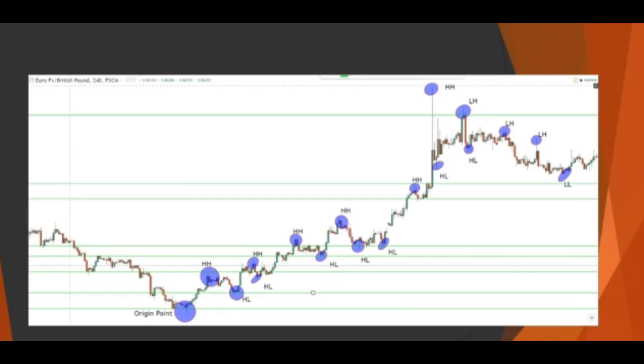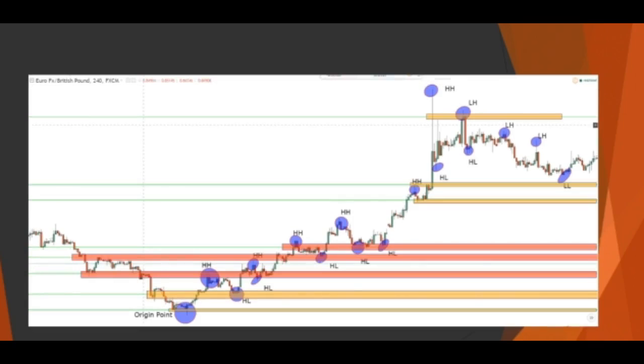And then what we have to do is look at it based off of how many times the market has hit that zone. How many times has the market hit that zone? And that's when we bring in our color coding. The color coding is going to help us to find more intricate opportunities.